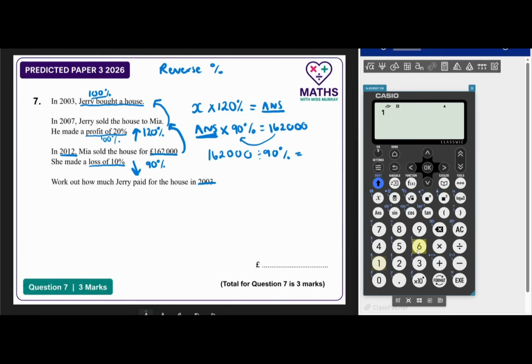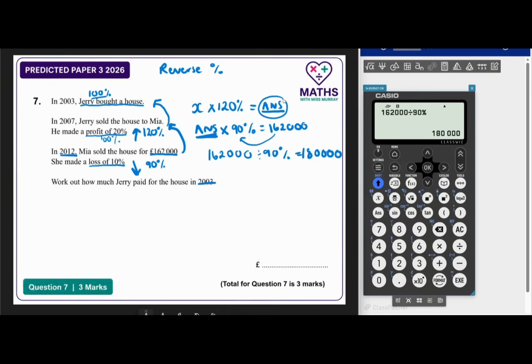So 162,000 divided by 90, and my percentage button is under catalogue, remember, under probability, and then I've got percentage there, and that is going to give me how much she got the house for from Jerry. So she got it for 180,000.